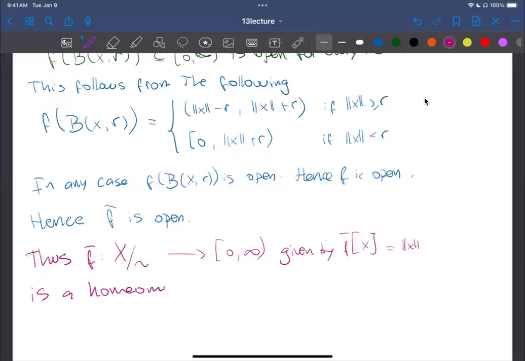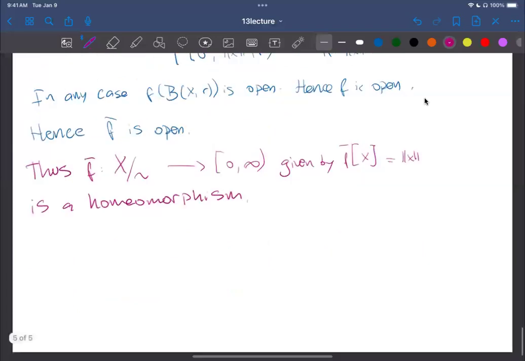We just proved it's bijective, it's continuous, and it's open, so its inverse is also continuous. So what we just did is we identified our quotient space as an interval.